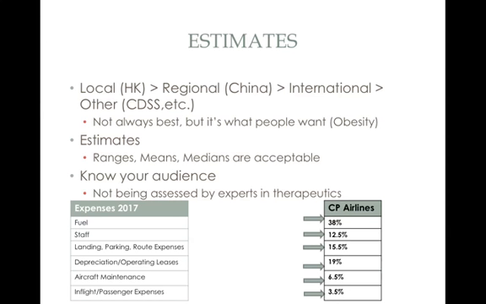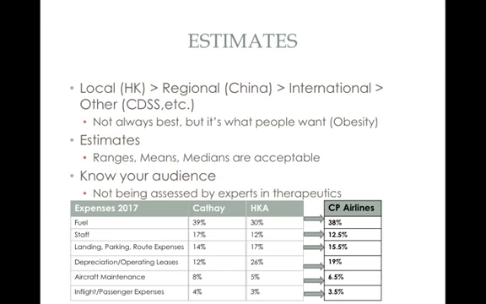This shows that it is important to explain your estimation rather than just showing them, as these could very well be just a blind guess that I made. Then, if I show you how much each of these expenses take up of Cathay and Hong Kong Airlines budget, you can then see that these expense proposals are actually reasonable and are not just my best guess.